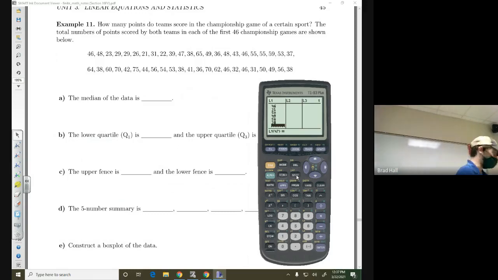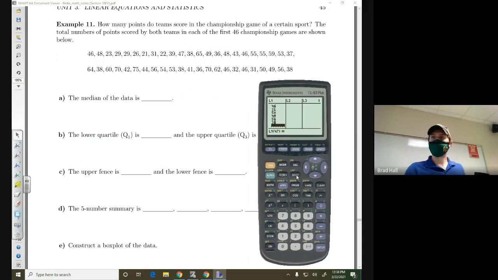Give everybody a second to catch up. And one indication that you typed in everything correctly is on my computer screen here, it says L1 of 47, to imply that we've typed in 46 data values.